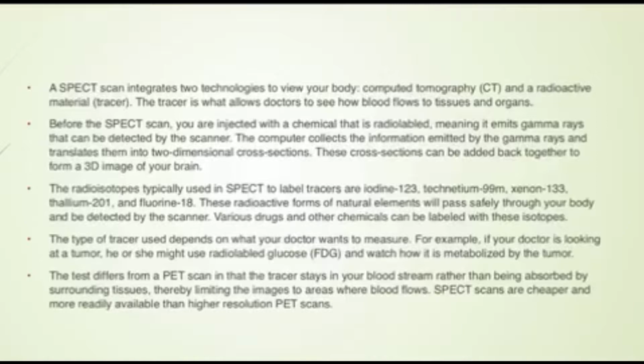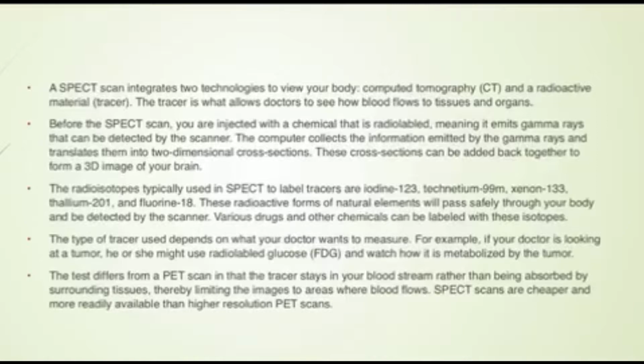The radioisotopes typically used in SPECT to label tracers are iodine-123, technetium-99, xenon-133, thallium-201, and fluorine-18. These radioactive forms of natural elements will pass safely through your body and be detected by the scanner.